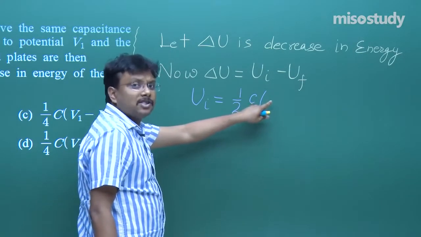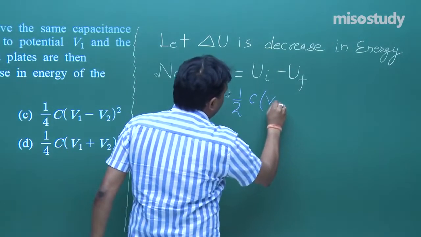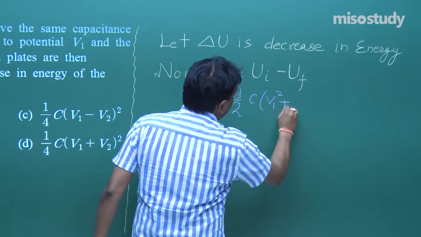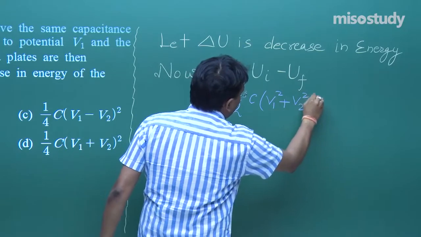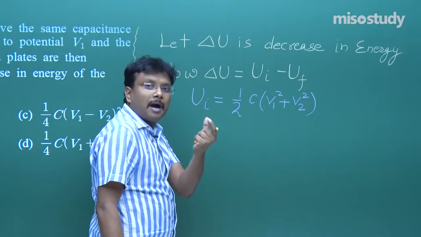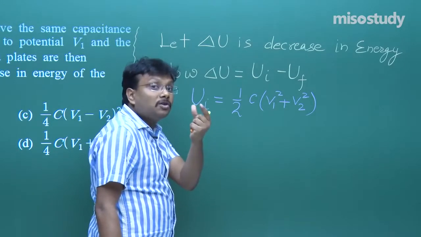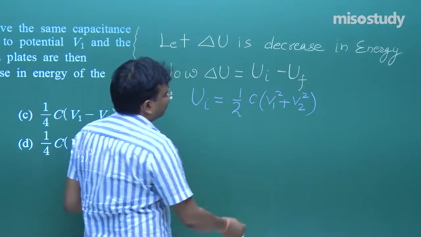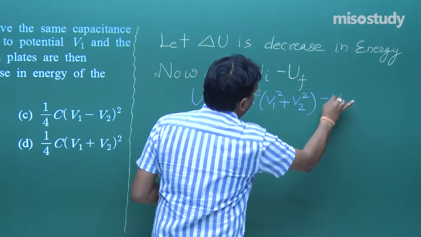Half CV square is the general result. This is the initial energy of both the capacitors. Let us say equation number 1.